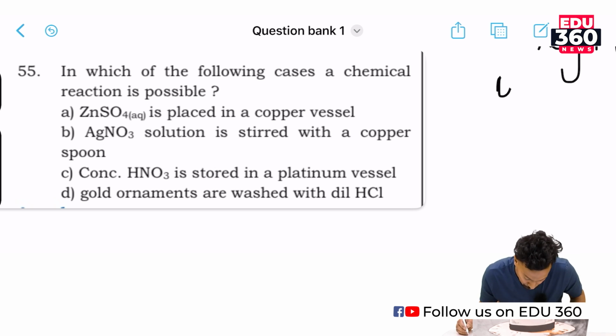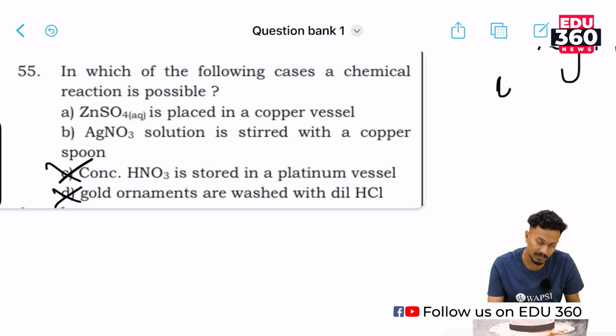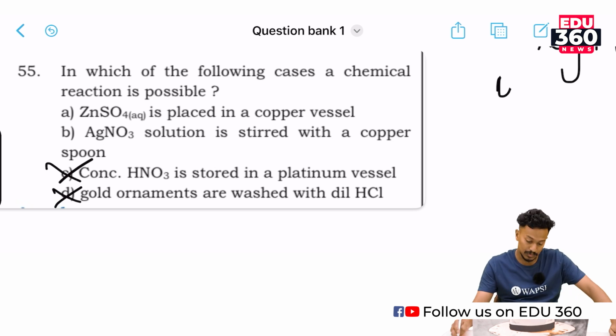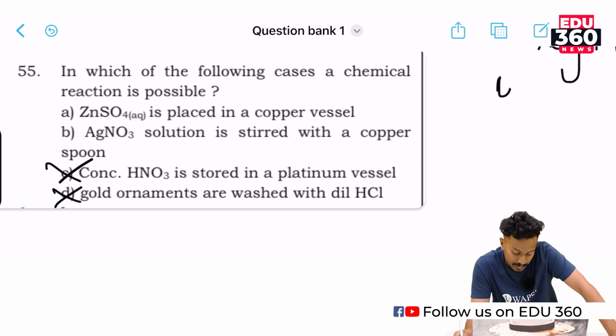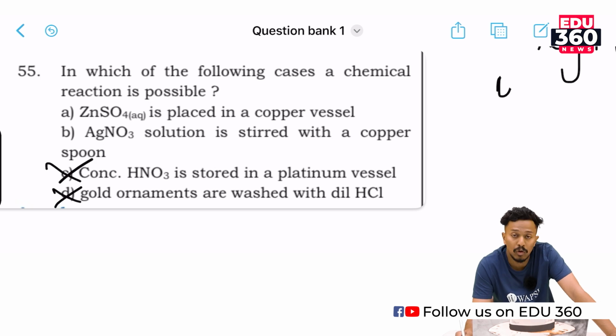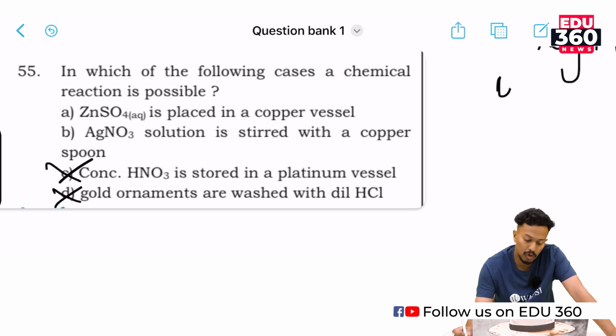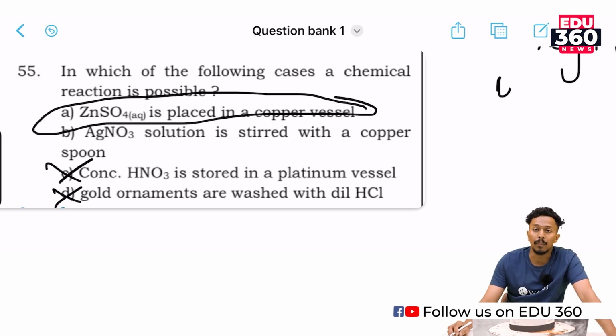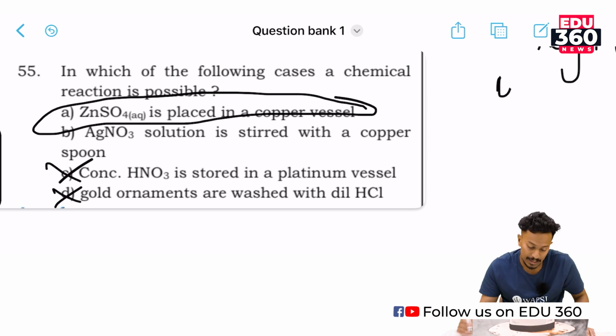We can rule out gold and platinum, which do not react with nitric acid and HCl. When zinc is placed in a copper vessel, it could easily displace the zinc with copper, which is more reactive than zinc, so it could happen in option A.